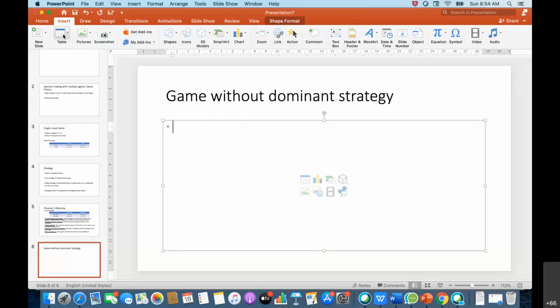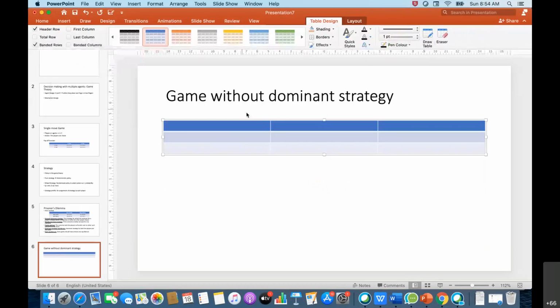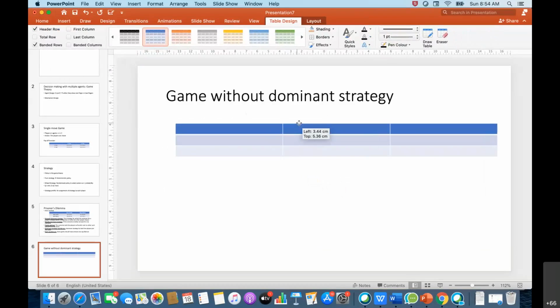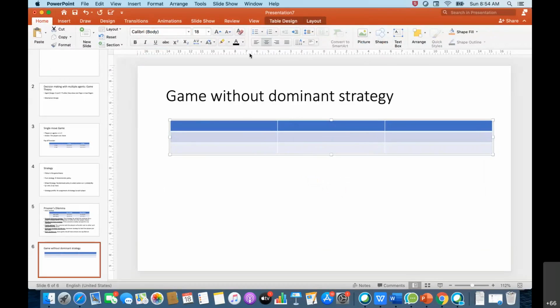Now this is a game. This is an example of a game without any dominant strategy. Which one should they choose? Let's see.